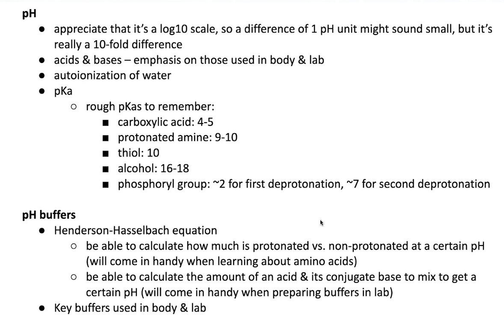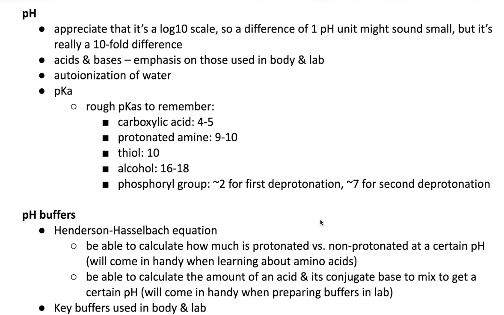What this means is there are going to be fewer protons around, and so my molecule is less likely to be protonated, so less than half of it is going to be protonated. But if I'm below the pKa, now there are tons and tons of protons available, and so more than half is going to be protonated. And for each 1 pH unit I go from the pKa, there is a 10-fold increase in the one that is the major form.